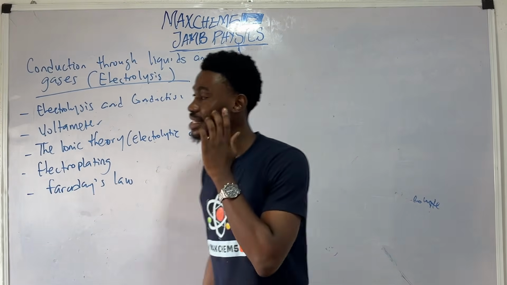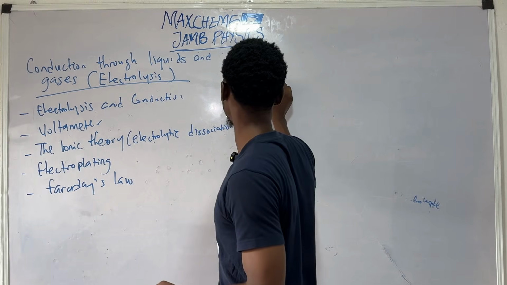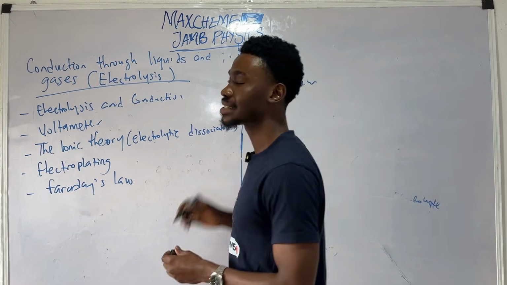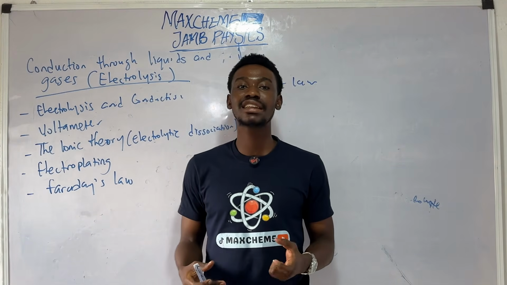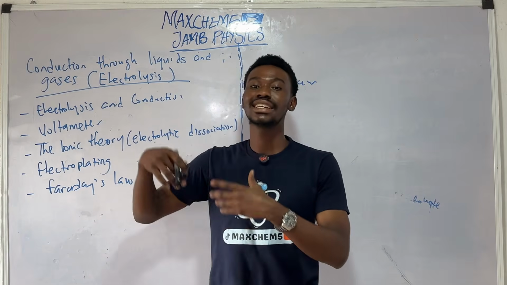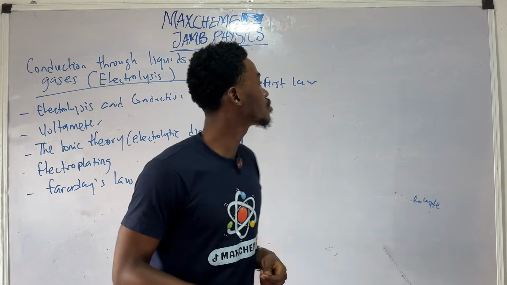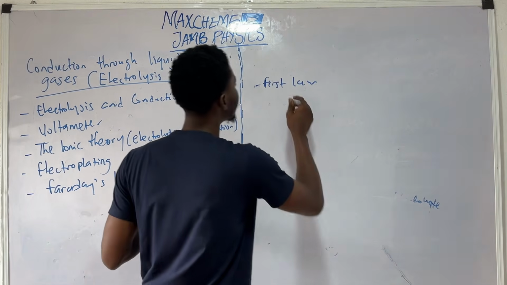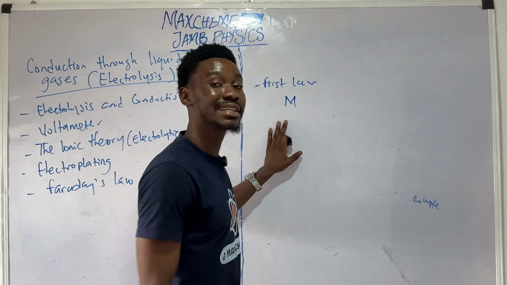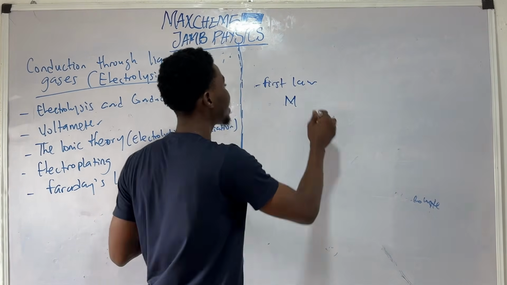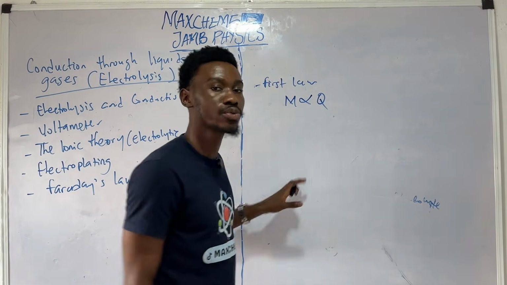Faraday's first law says that the mass of the electrolyte being liberated is directly proportional to the quantity of electricity passing through that electrolyte.